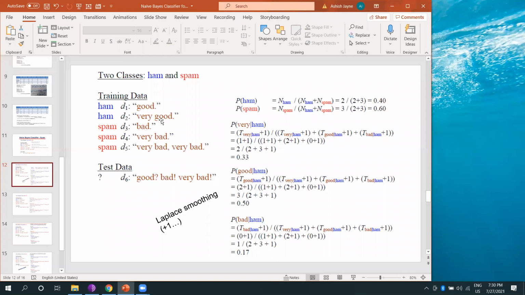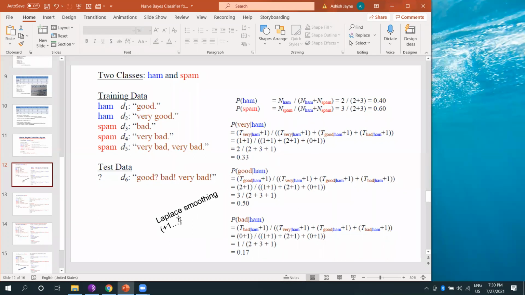In the denominator also, P(very | ham) is divided by all the times the other terms appear in the ham documents. P(good | ham) appears 2 times, but we would add 1. The number of times the term bad appears in ham mails is 0, but we would add 1.